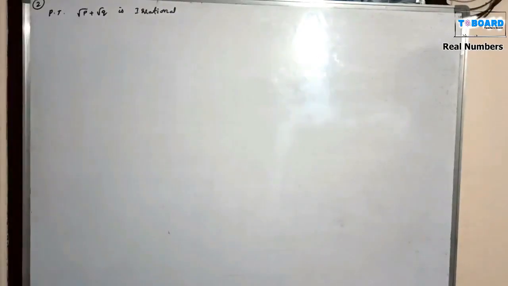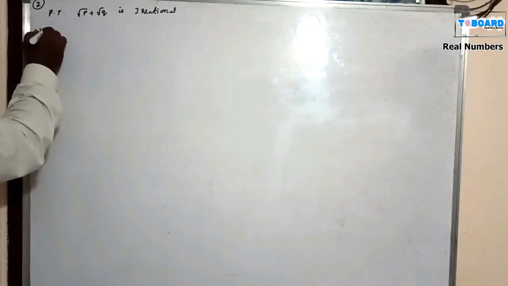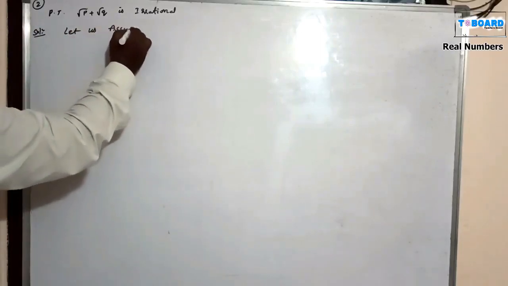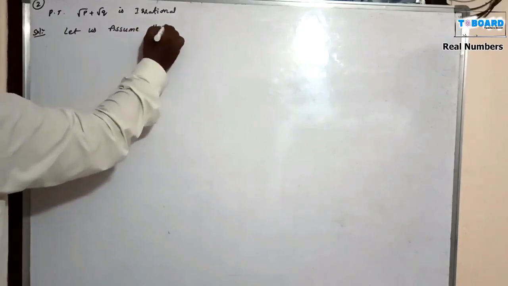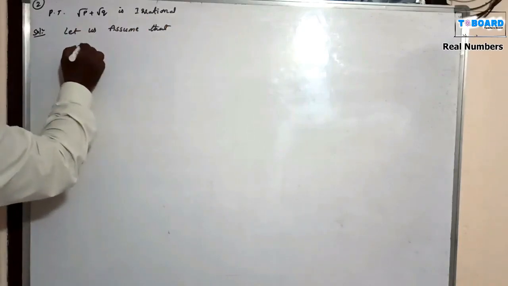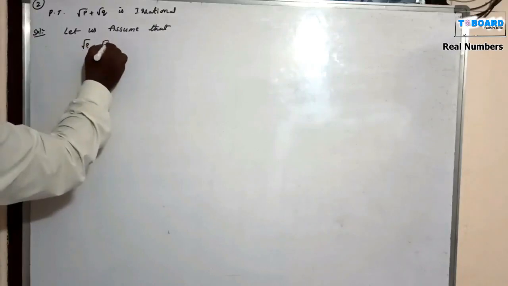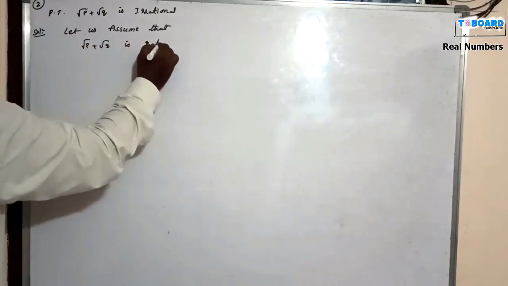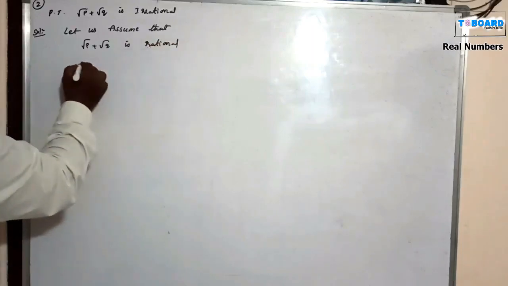Prove that root p plus root q is irrational. Same method. Let us assume that root p plus root q is rational. What is rational form?